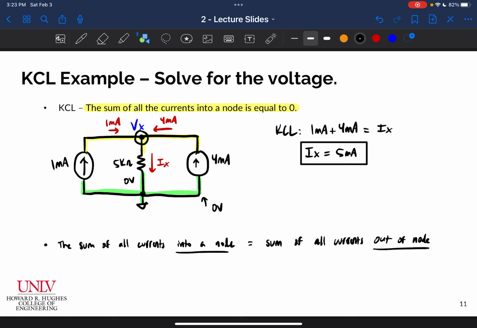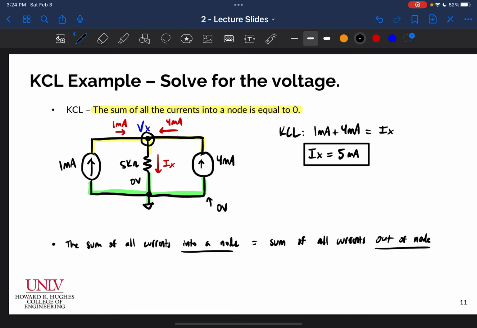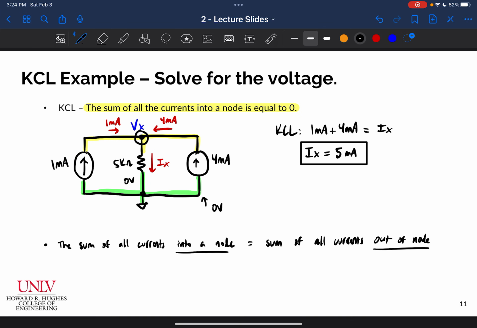All right? And so now I have, here, let me redraw that 5. That's pretty sloppy. 5 milliamps, okay? And so now I also want to determine Vx. Of course, I know that Ix is 5 milliamps, and so I can very easily, like I normally do, just extract this little portion of the circuit and look at it separately, where I know this is 0 volts, this is Vx, and I have 5 milliamps flowing there, 5K resistor.